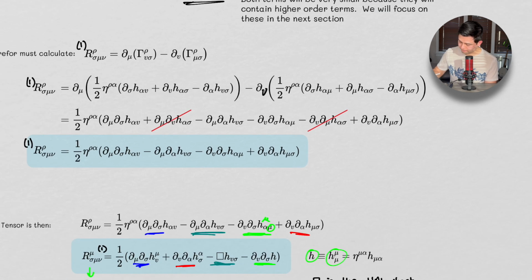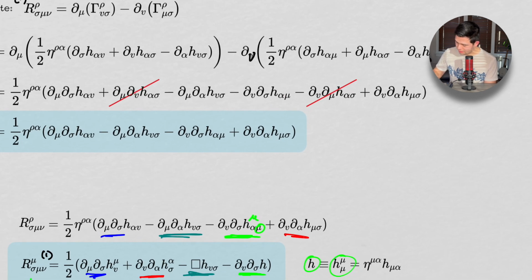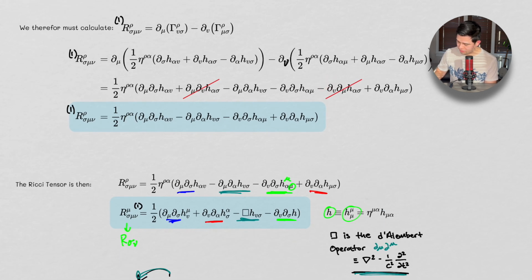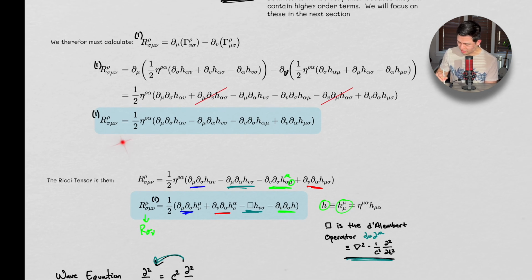So that's why these are all nus. Nu, and nu. And we can see that these two guys are going to cancel. And right off the bat, we have an equation for our Riemann curvature tensor.